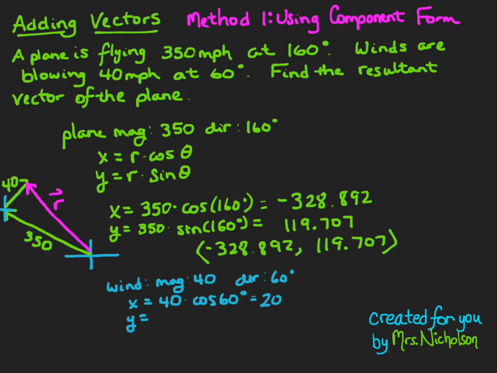And the y component is equal to 40 times sine of 60 degrees, and that equals 34.641. So now I have the component form for the wind, 20 and 34.641.